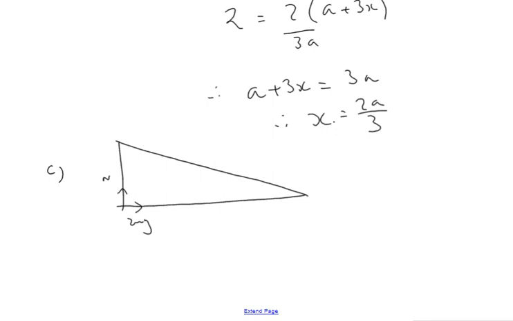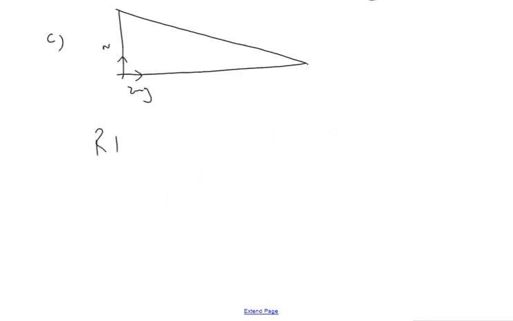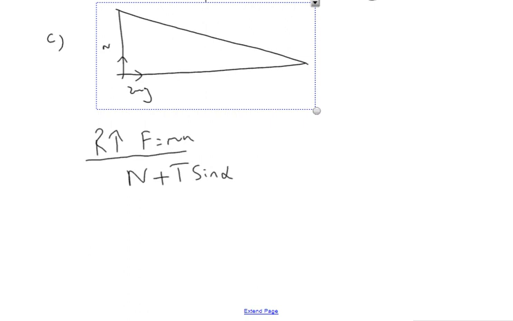So if we resolve vertically using F equals ma, then N plus T sine alpha, so let's just pop that in, there's T, and we know of course that this is alpha, so that's T sine alpha going vertically, and that's minus 4mg, and that's going to equal 0 because it's in equilibrium.